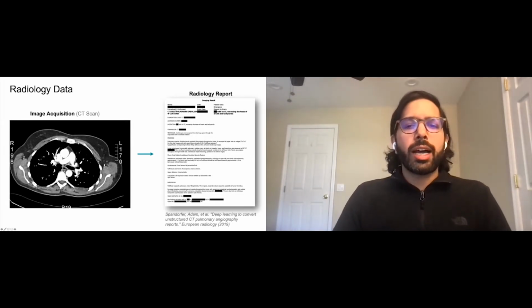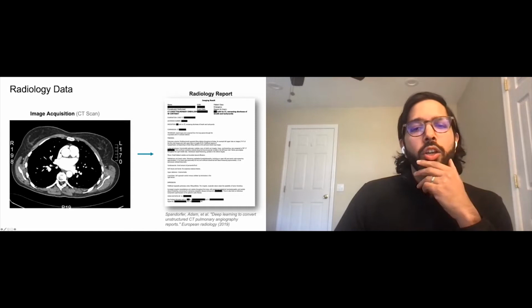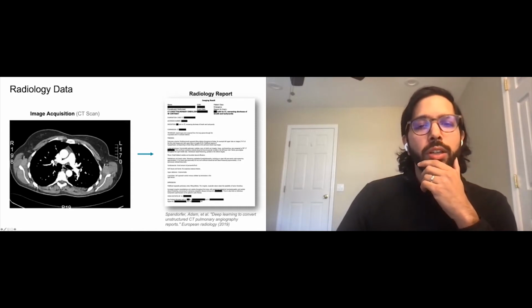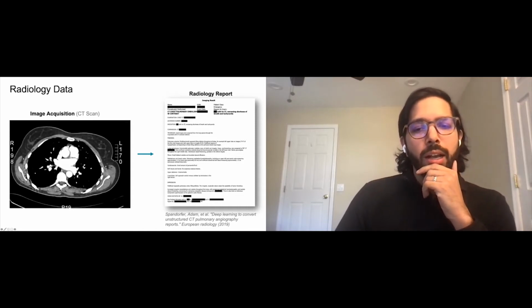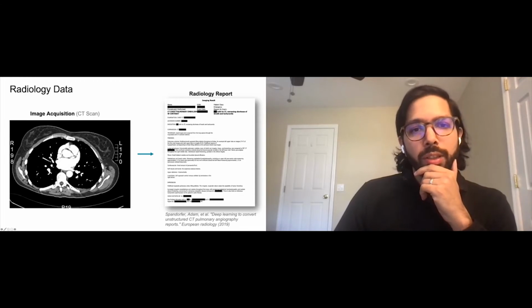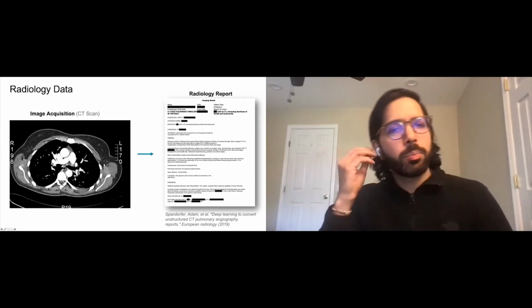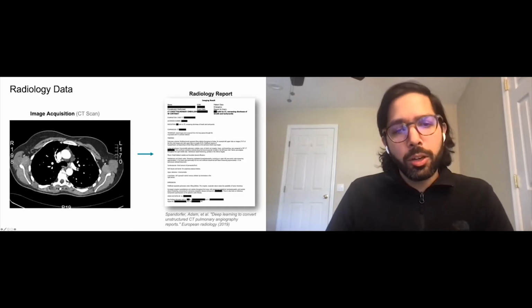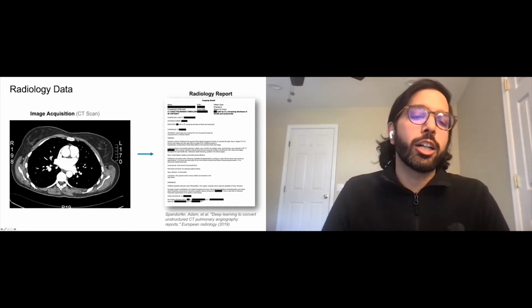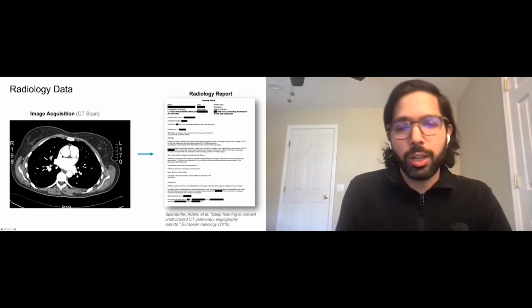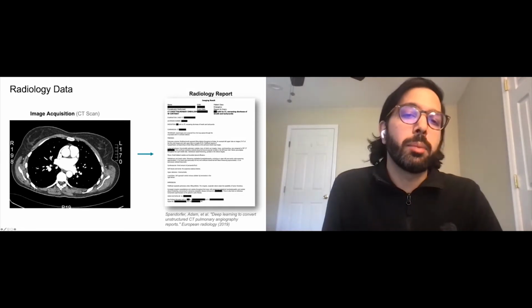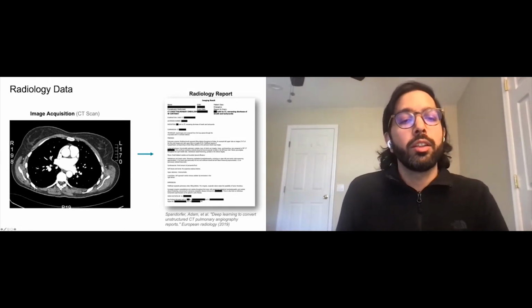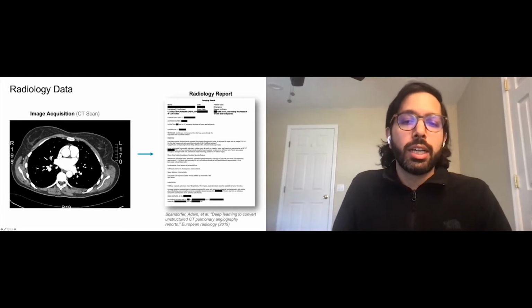The reason I want to highlight this slide here is you have to ask yourself, what are you using to supervise your training? You could use things from the radiology report, and this is pretty common, because if you have a natural language processing algorithm, you can convert the radiology report into categories. For example, you could say this is positive for pulmonary embolus, this is negative for pulmonary embolus, this is positive for some other pathology.